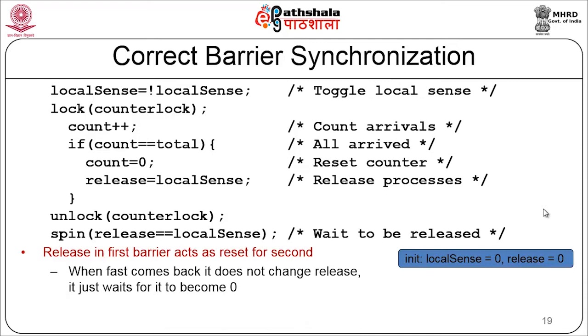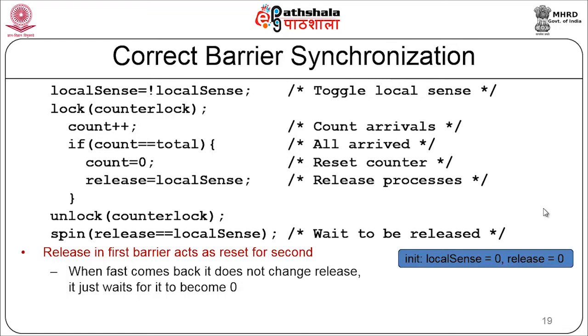Sense reversing is where you have a local sense variable that the process sets, and every time a process enters, this variable is flipped. Which means that alternately, in order to release the lock, you see a 0 and a 1.